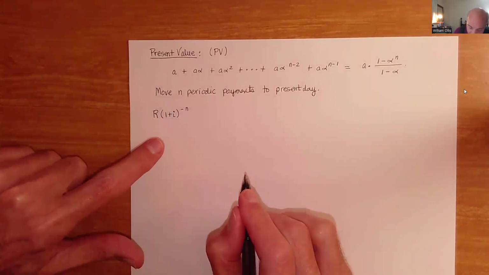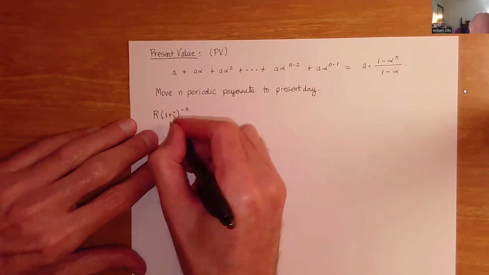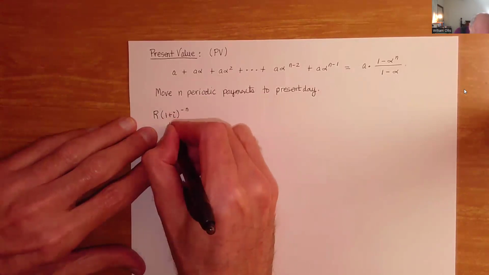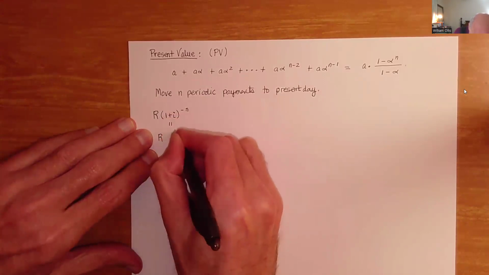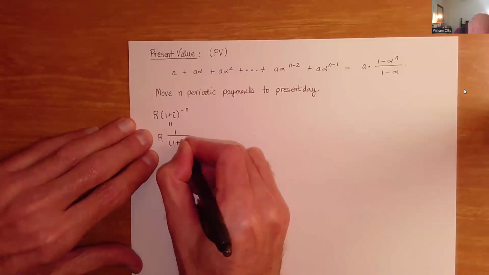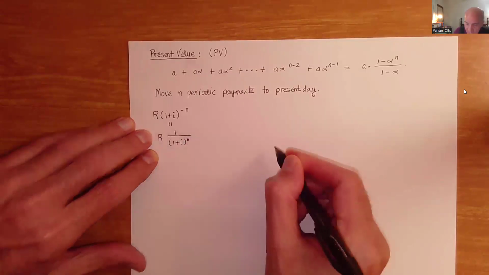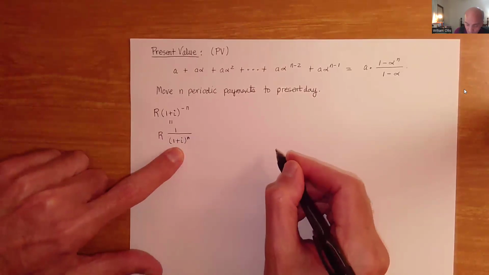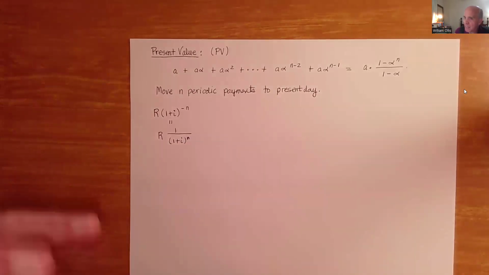And so one thing I have many students do is think of it like this. If you like, you could say equals, in this case, R, and then you can write 1 over 1 plus I to the n, like that. And that way you're dividing by that particular term, and so it makes it a little easier to see what's going on.